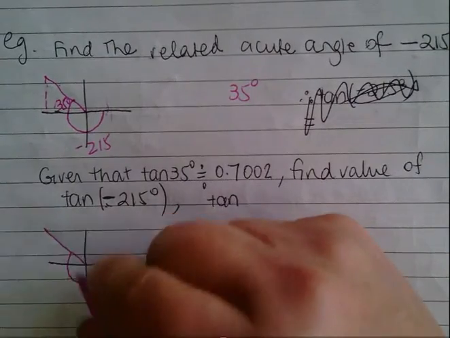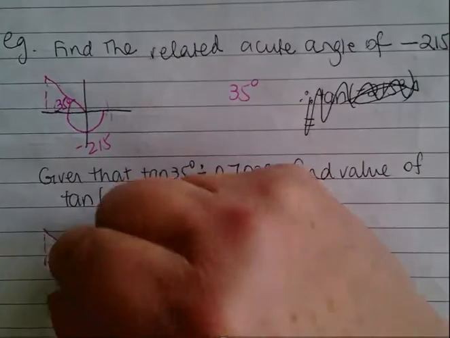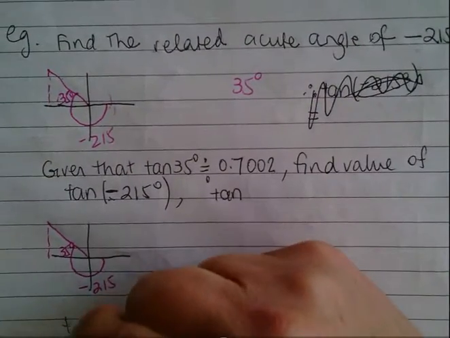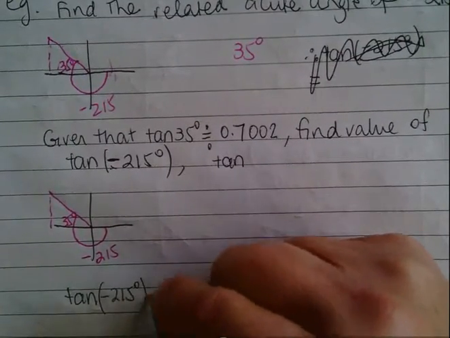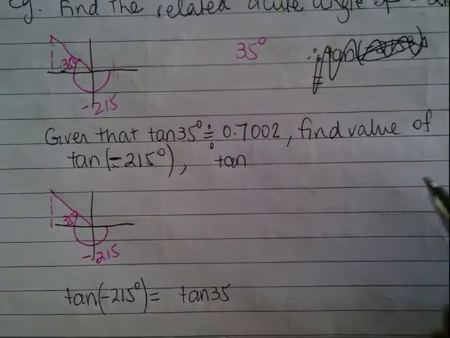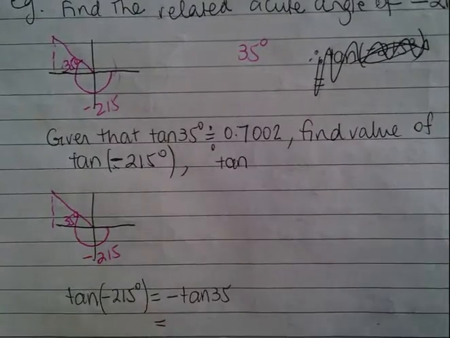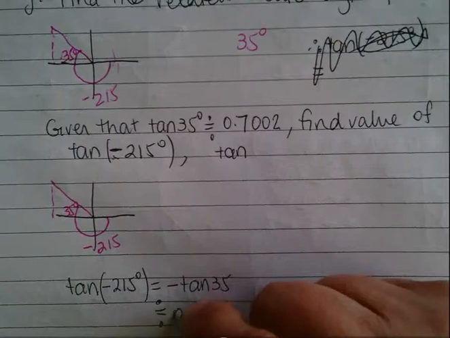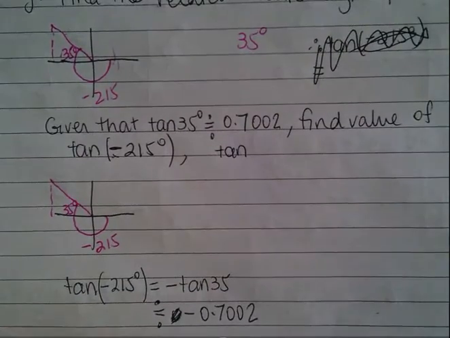Negative 215's there, but we are interested in the acute angle. It's 35. So we say tan of negative 215 equals tan of 35, but do I put a positive or a negative in front of it because I'm in quadrant 2? And I know what tan of 35 is, I just told you. So it's approximately equal to negative 0.7002. See what I've just done?